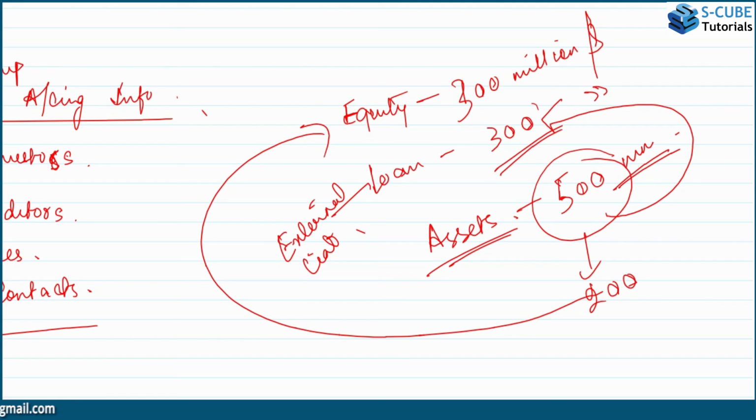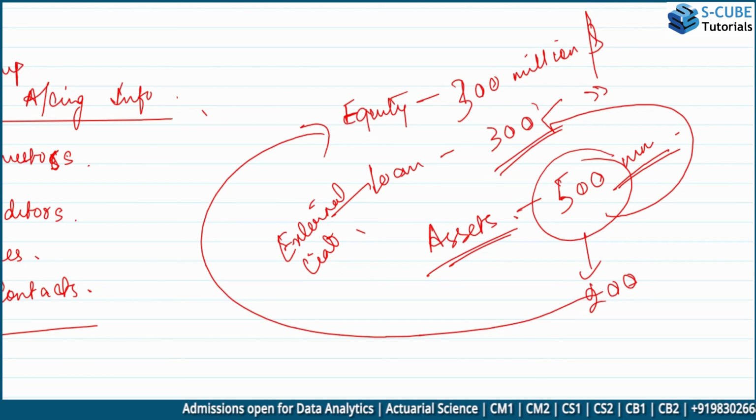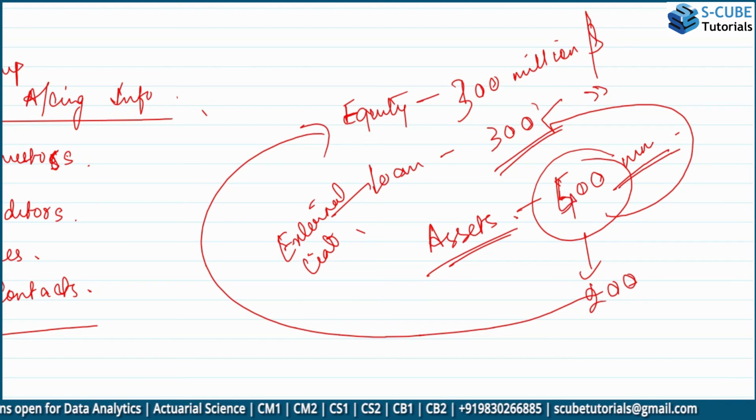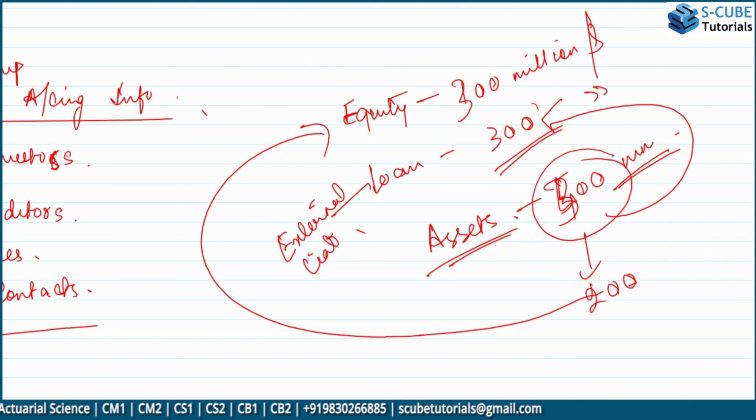Now let us try and understand how and why they are taking maximum risk. The equity investors are taking maximum risk because if this 500 becomes 400, or 300, or let's say worse, they won't even get a single rupee back.